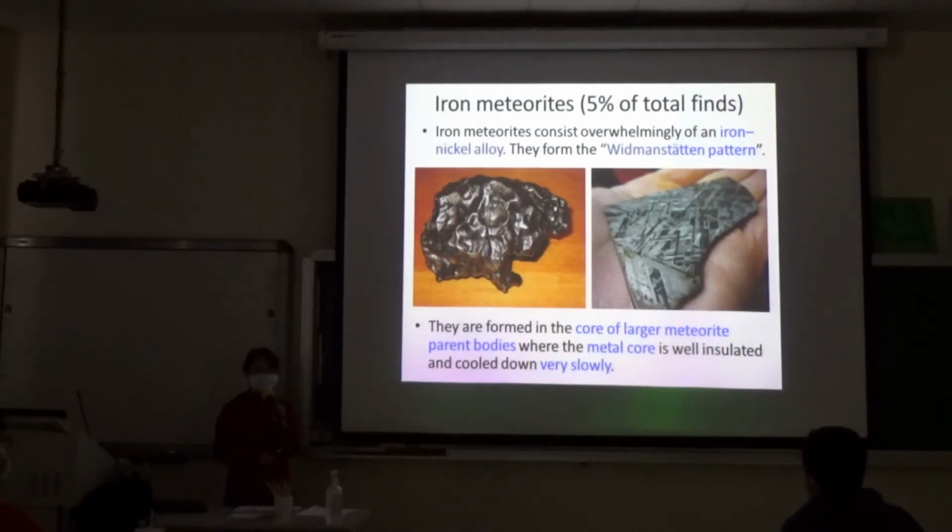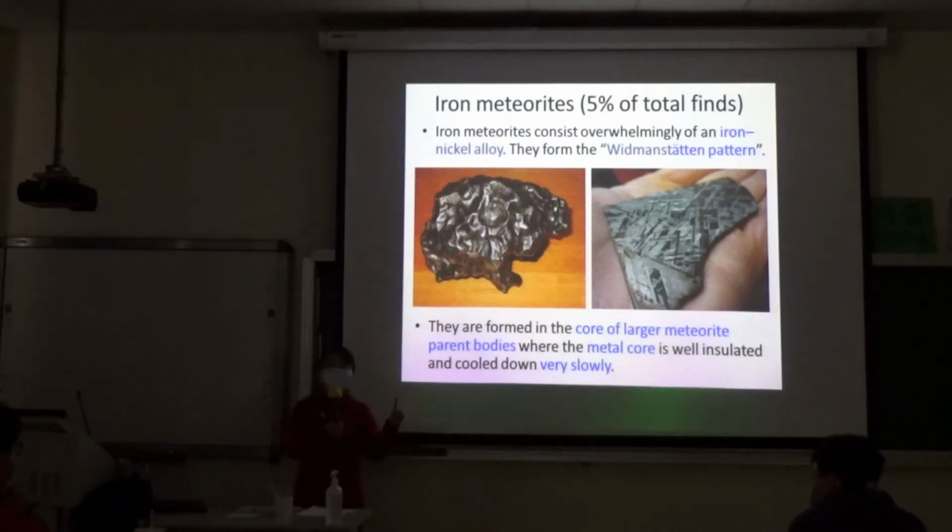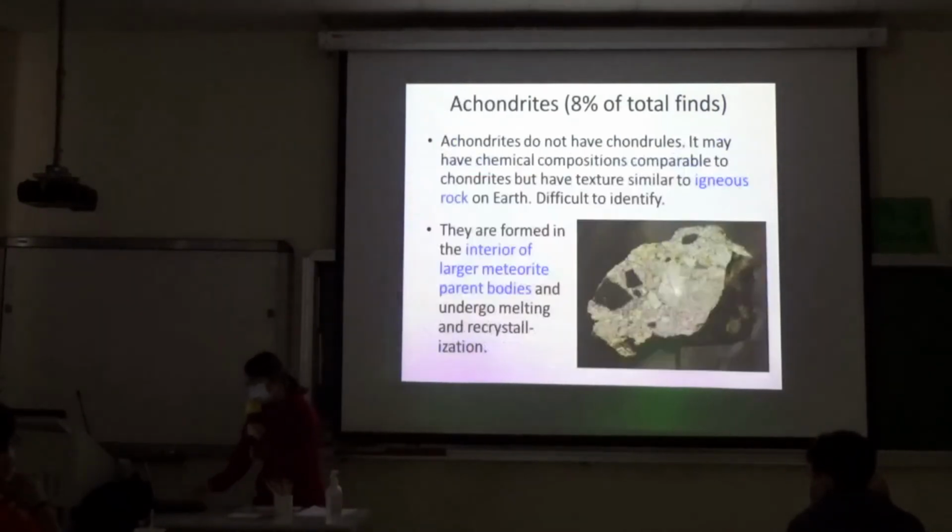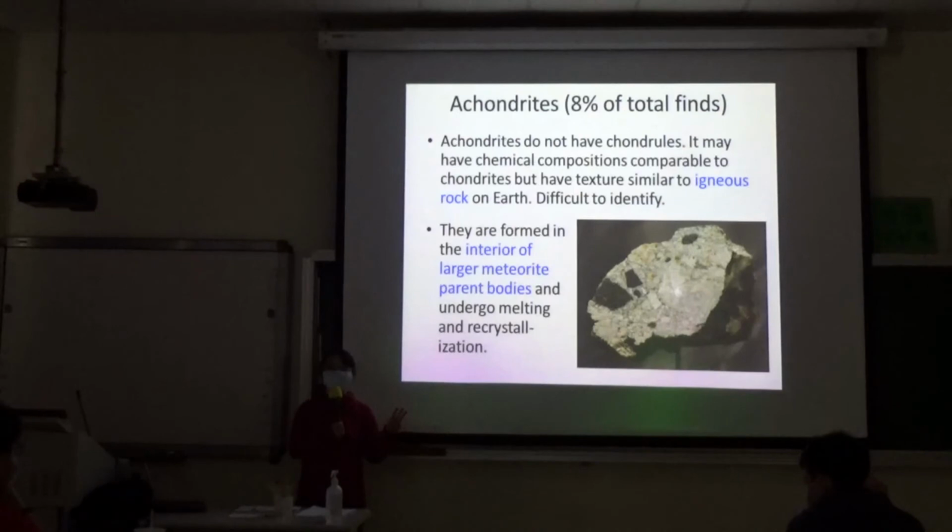cools down very slowly. So you see three kinds of meteorites. One is chondrites. Second is achondrites. Third is iron meteorite. Don't you see? This actually tells us the following story.